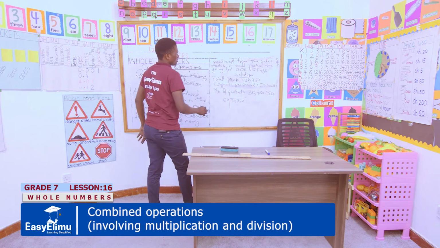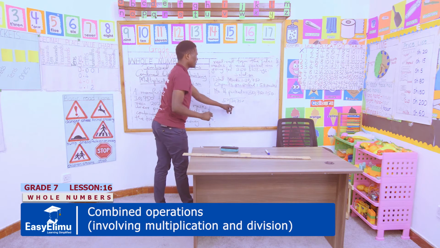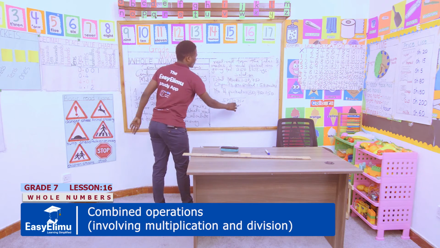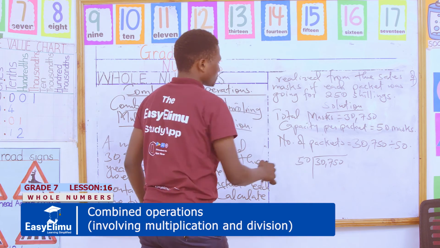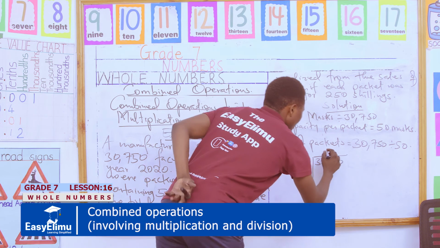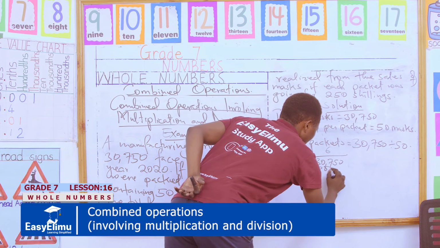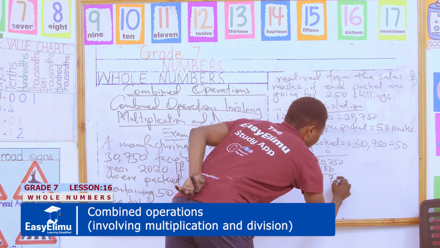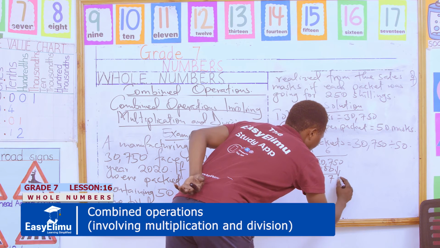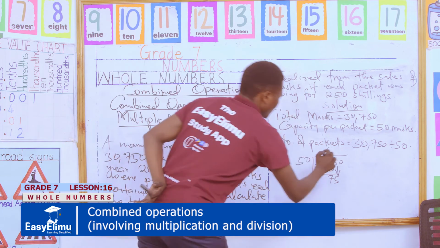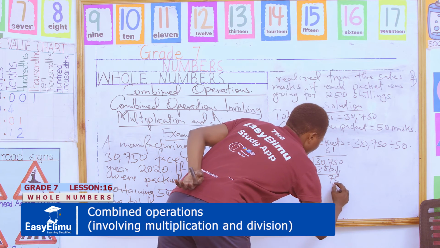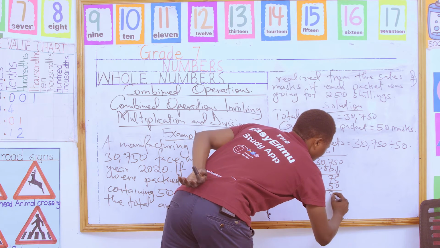So here, if we pair, our dividend will be less than the divisor. So we consider the first 3-digit number, that is 307. So 50 goes into 307 6 times, which gives us 300. You remain with 7. So you drop 5, you have 75. 50 to 75, 1 time, which gives you 50, remainder 25.